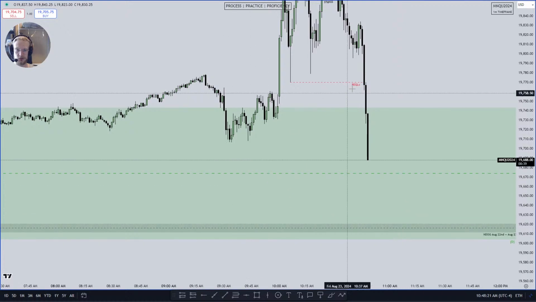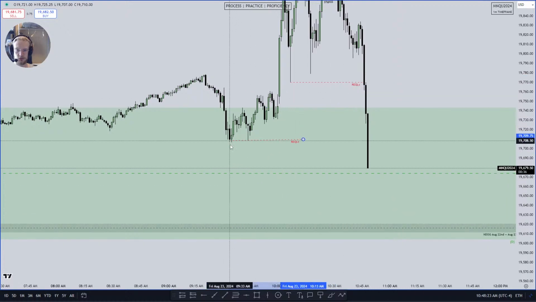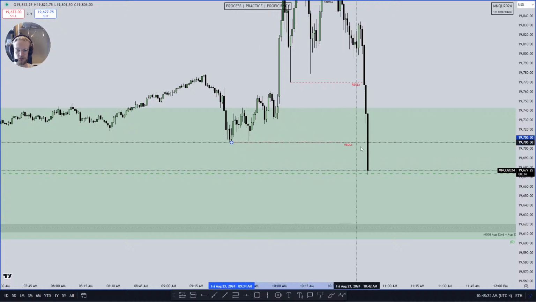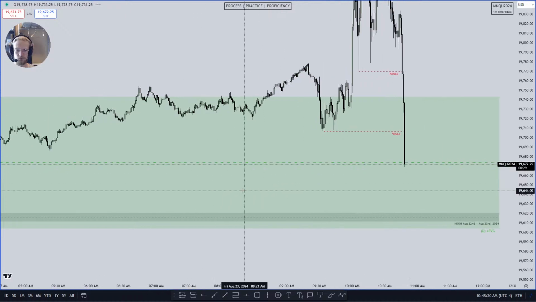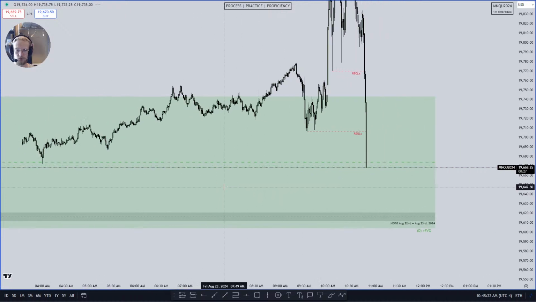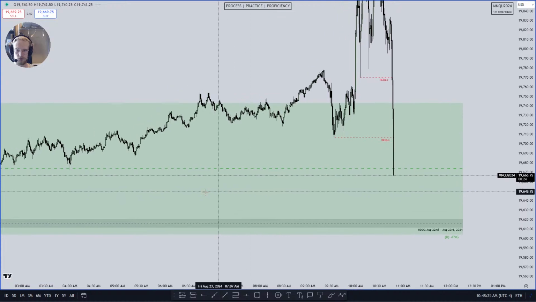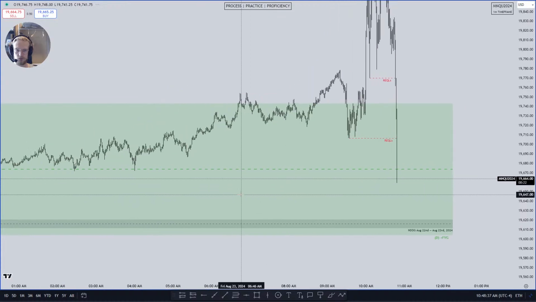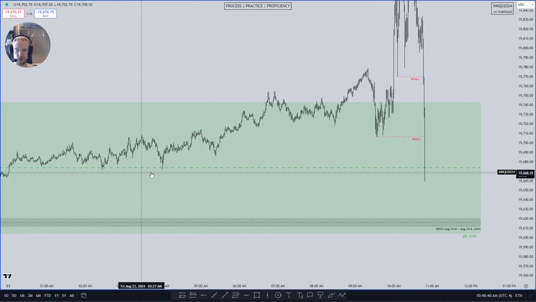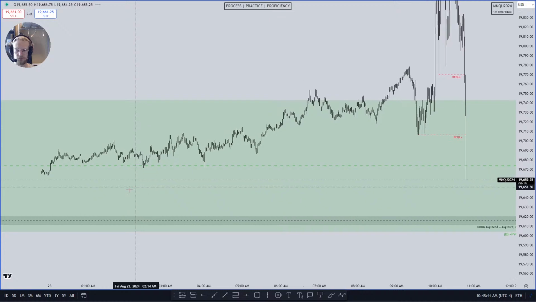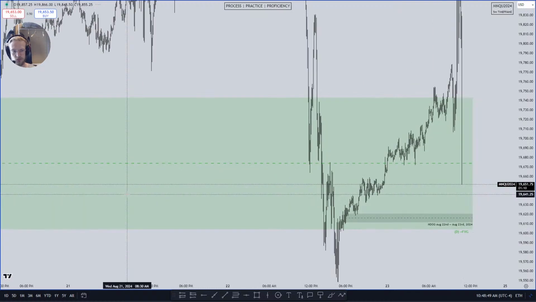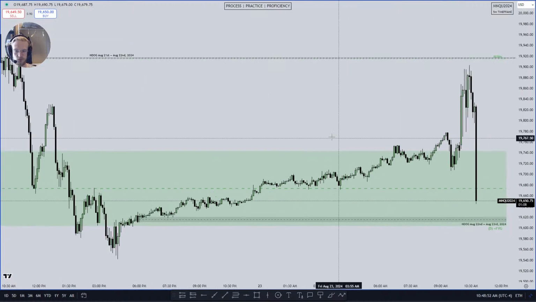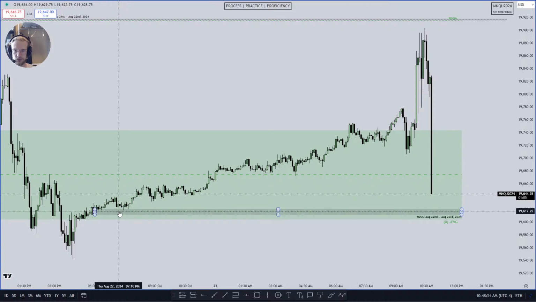There's sell side below here, right there, which it just swept. All of this sell side below here. Sell side below here as well.